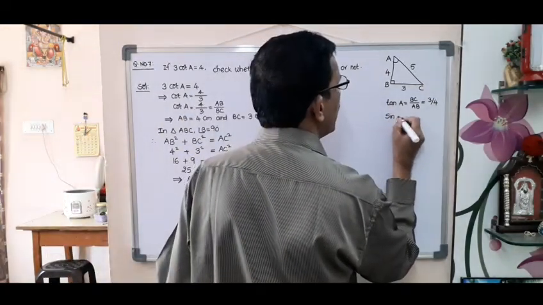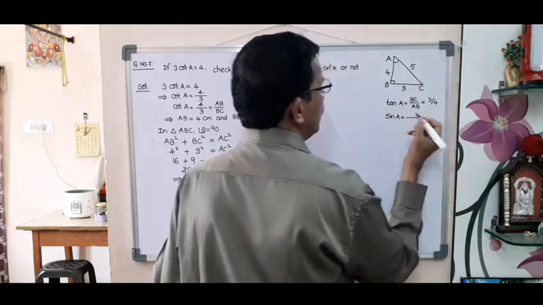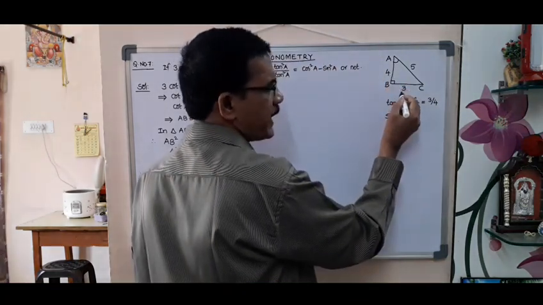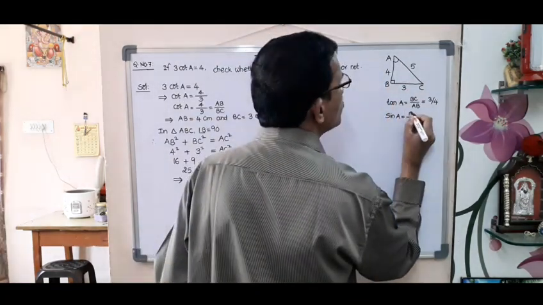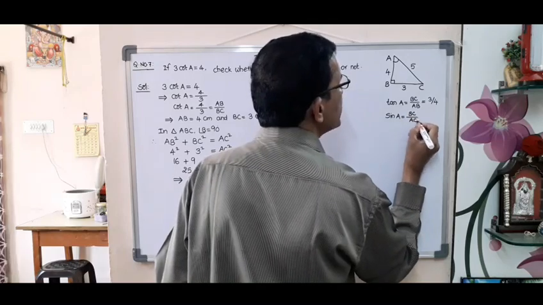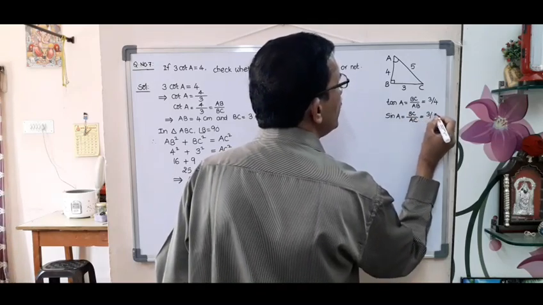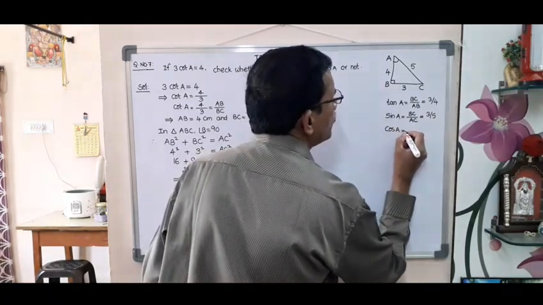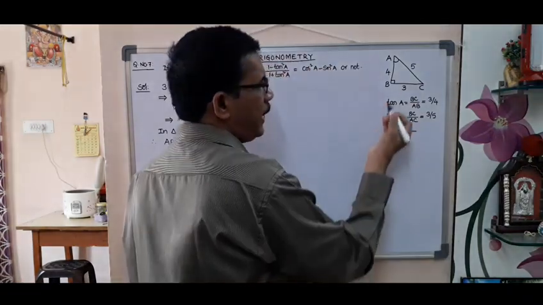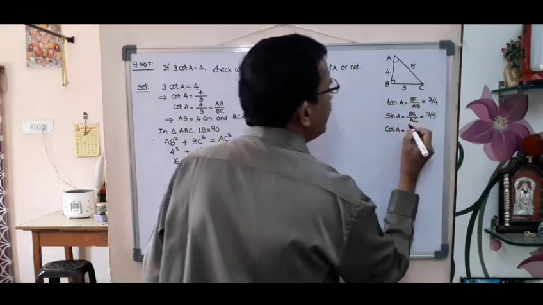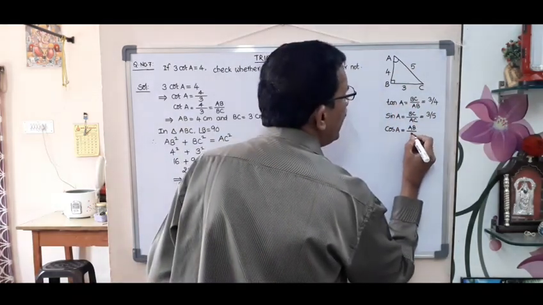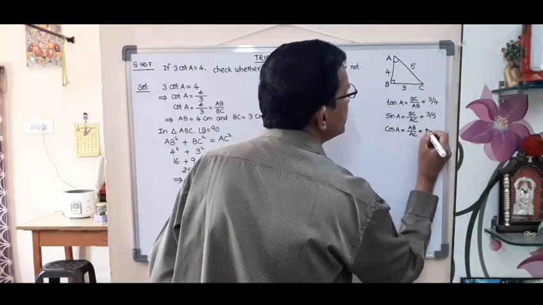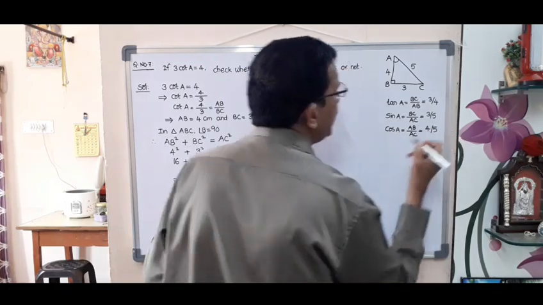Sin A, sin definition, opposite side to theta by hypotenuse, BC by AC, that is equal to 3 by 5. Cos A, adjacent side to theta by hypotenuse, AB by AC, that is equal to 4 by 5.